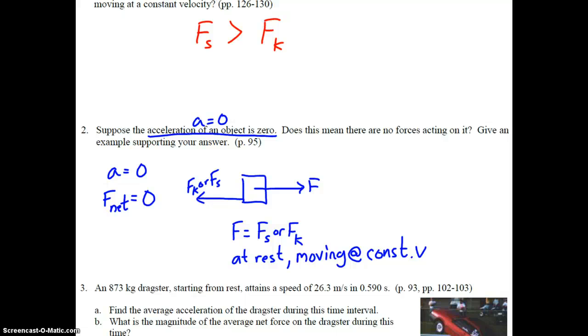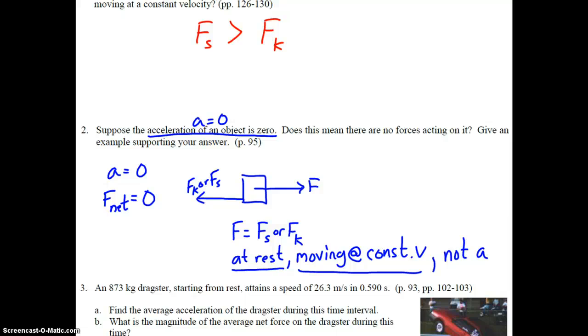Or if the object is moving, the forward force and the backward kinetic friction are equal to each other and the object is moving at constant velocity. So note, under both these conditions, the object is not accelerating, yet there are forces acting on the object. So we've given an example of that here. There'll be many more examples of that throughout the unit.